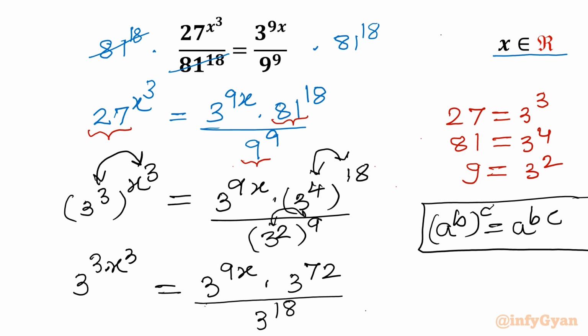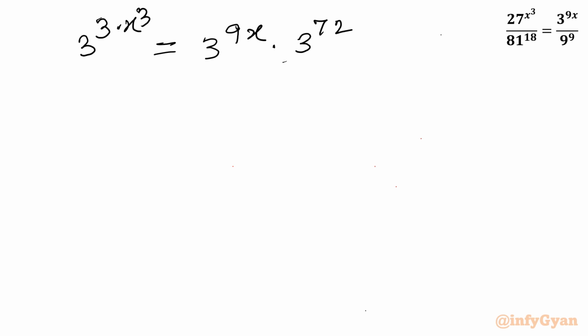So now this equation is converting into base 3. Now I will write another interesting property of exponent. Let me write this equation first: 3^(3x³) equal to 3^(9x) times 3^72 over 3^18.